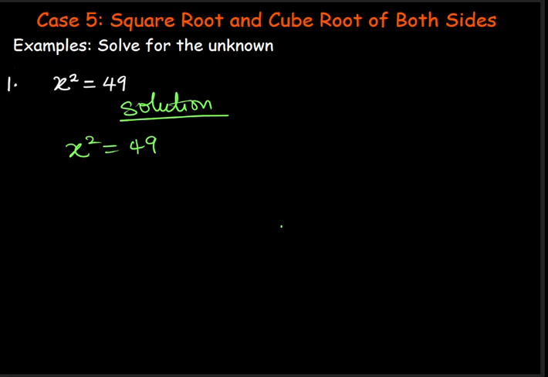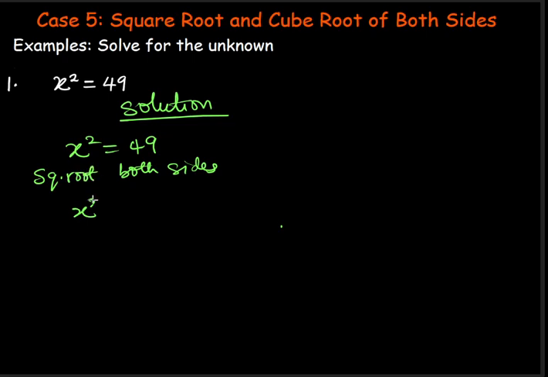And we are not only to square root one side, we have to make it balanced. We have to square root both sides, the same thing we did when we were dividing both sides. So we take the square root of both sides.